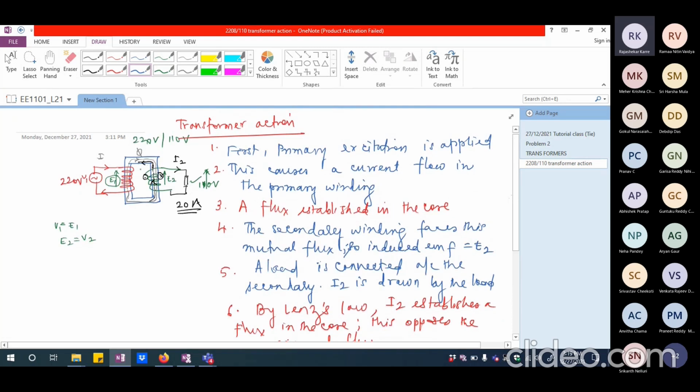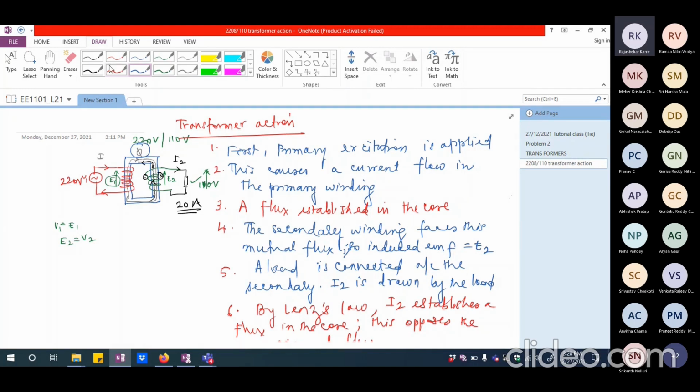So this will happen repeatedly until this flux, which is actually established in the core originally, will be in a position to reinstate itself. It has to remain there. Otherwise, the transformer action itself is going to completely stop. It is not going to take place.